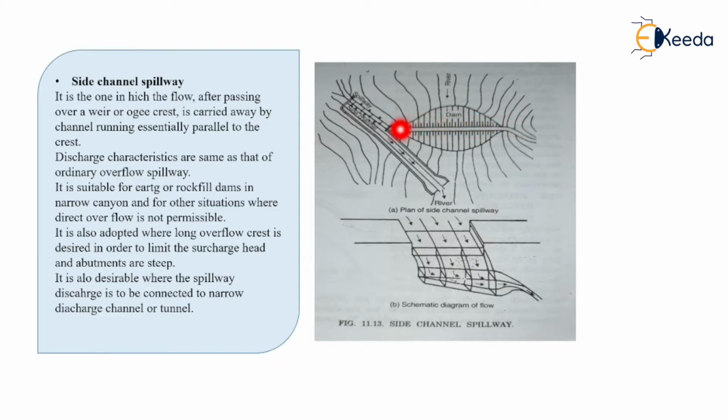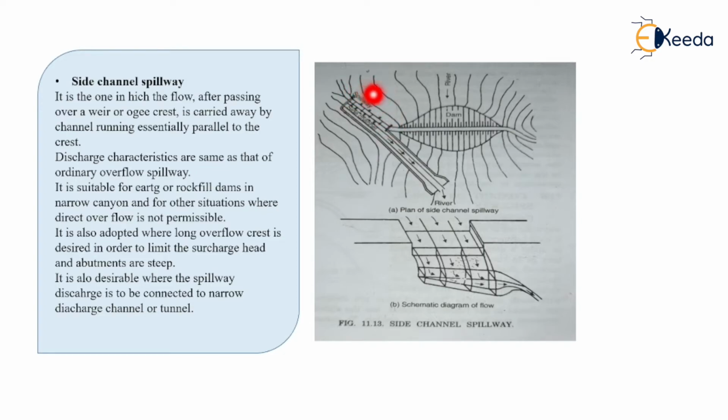This top section of the dam will continue and be extended up to here. Here you can see the spillway. The ogee crest will be provided on this part. This is constructed on the side of this hydraulic structure. Hence, it is called a side channel spillway.